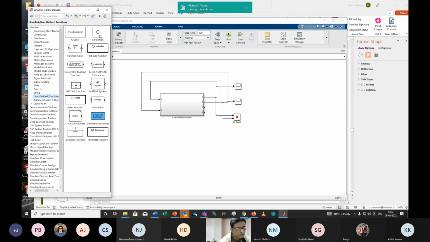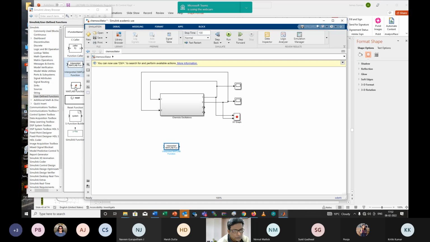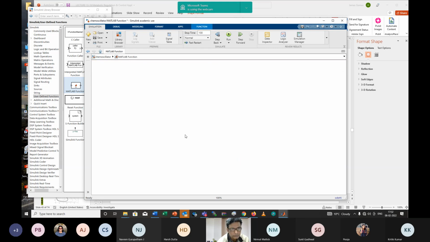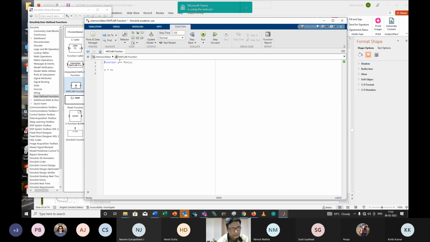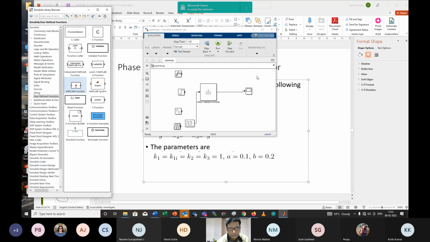This one, no, not this one. I think this. Let me just see if this is the one that comes here. Oh, this one. There's another one here. So I've used this one. So when you open this, you get this function here. Okay, and I'll show you how I use that function here.